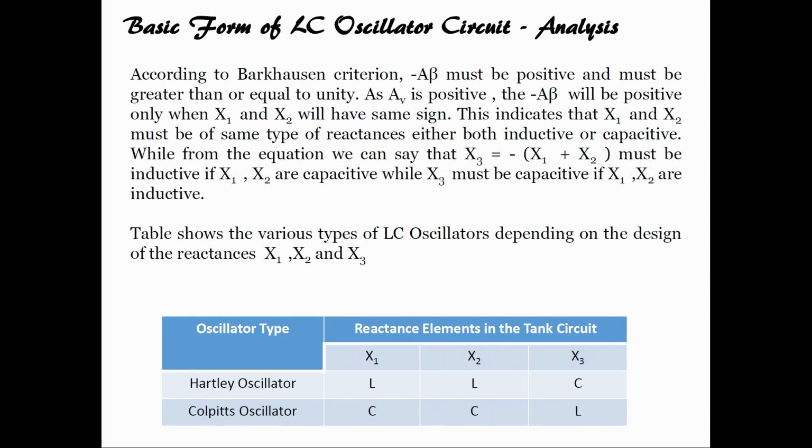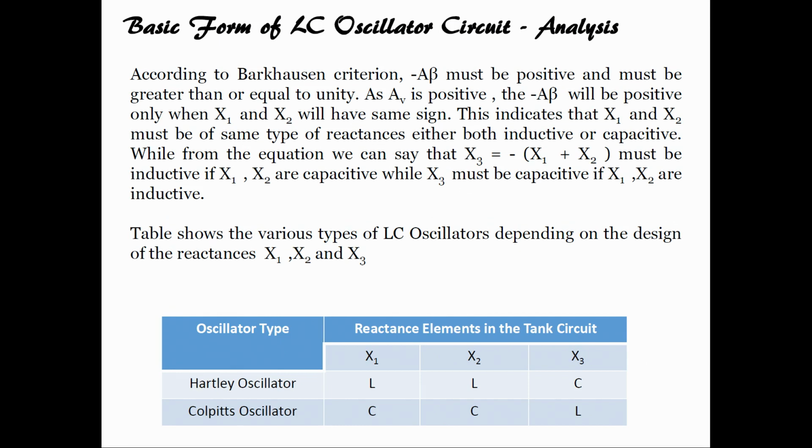We can also say that x3 equals minus (x1 plus x2). So, that means if x1 and x2 are capacitive, x3 should be inductive, and if x1 and x2 are inductive, x3 should be capacitive, and vice versa.